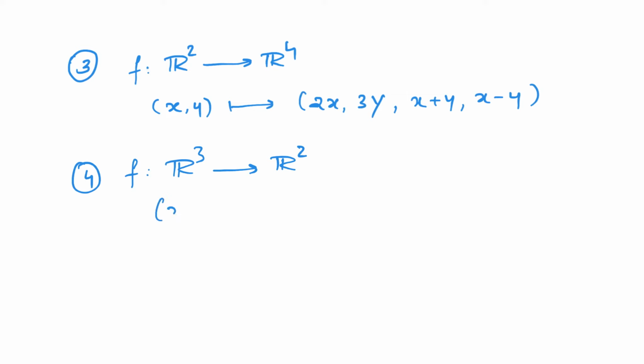One example of such a function would be the function x comma y comma z getting mapped to x plus y comma z. Once again, I will leave the verification as a homework, and the general principle is that the component functions should be homogeneous degree 1 polynomials.